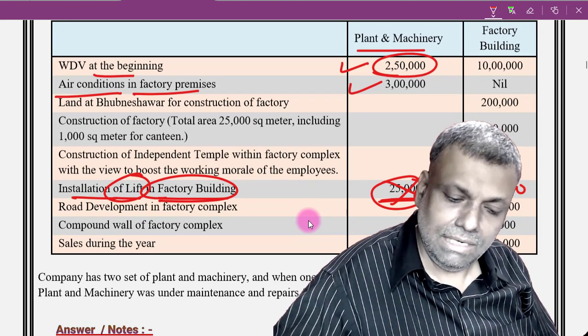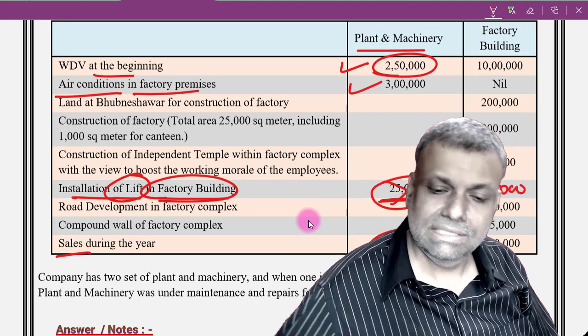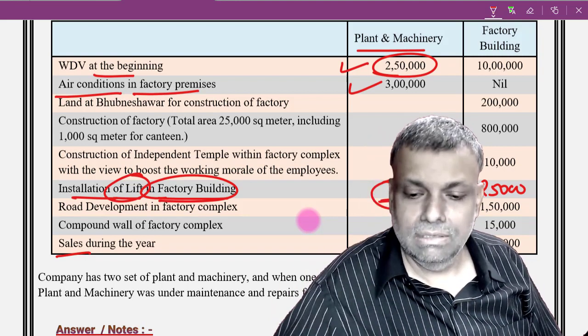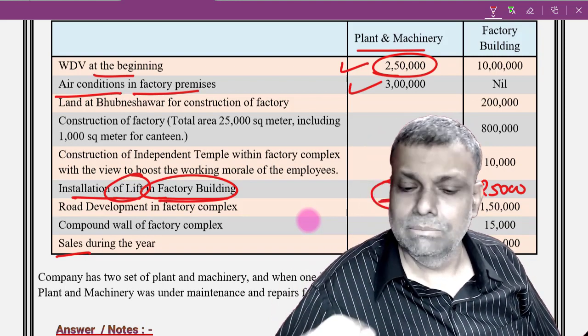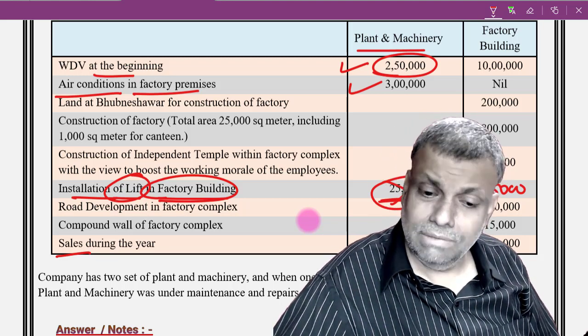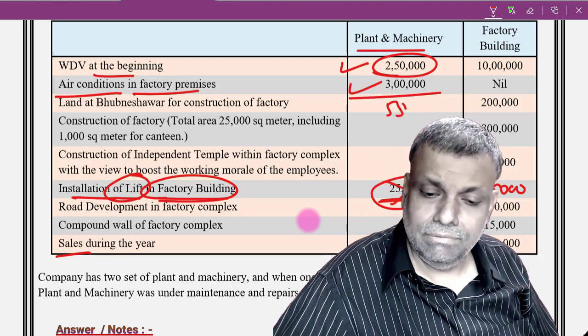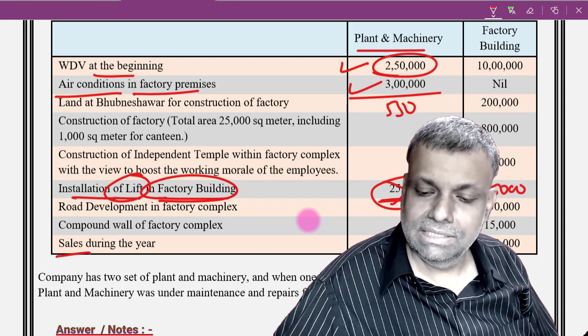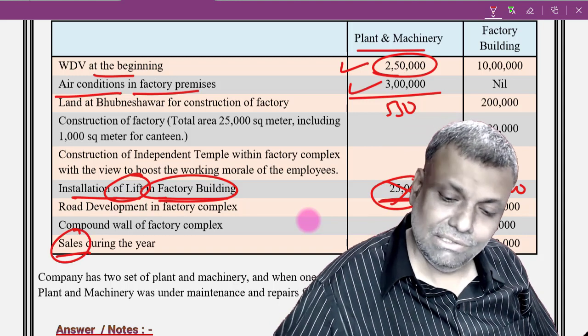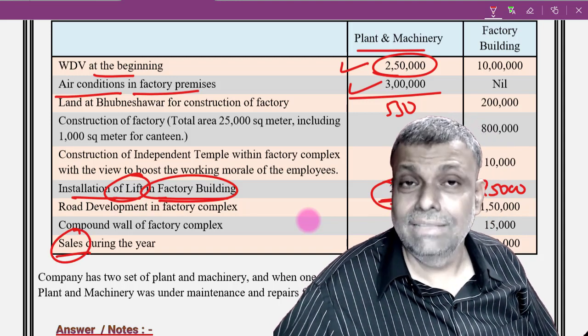Thereafter, assets sold is 6 lakhs. If you see this plant and machinery, the 3 lakh and 2,50,000, your total cost is 5,50,000 and your sale price is 6 lakhs. So ultimately your block is becoming negative. That means the sale of the block is exceeding the cost.